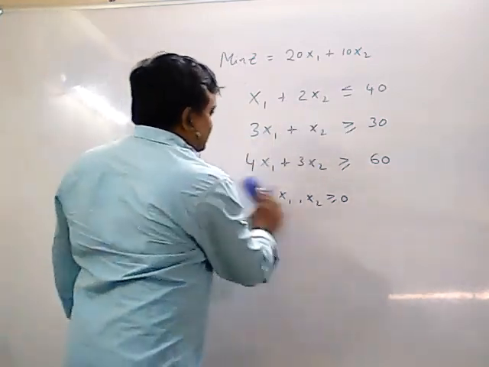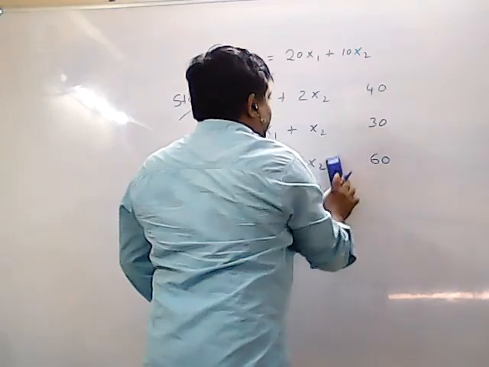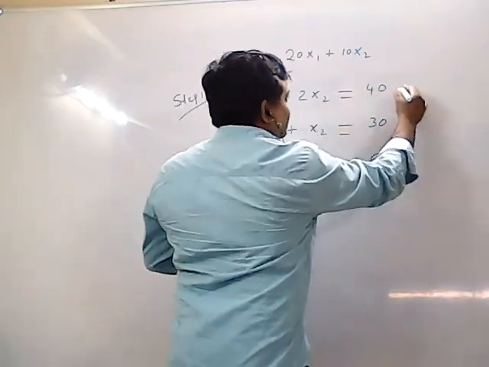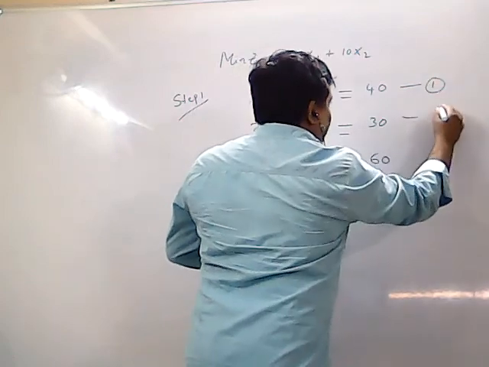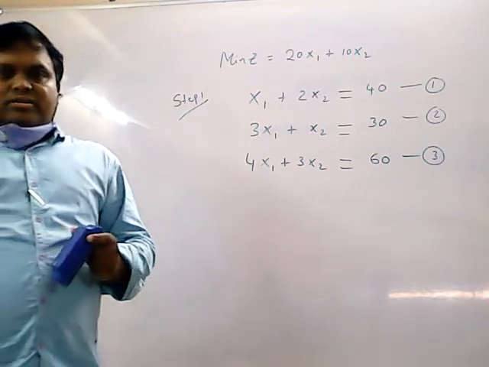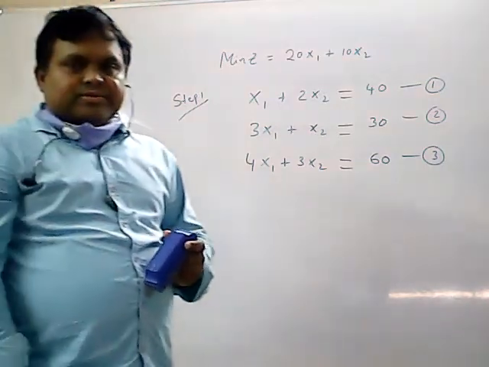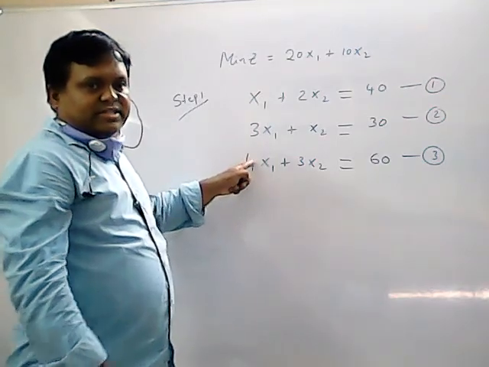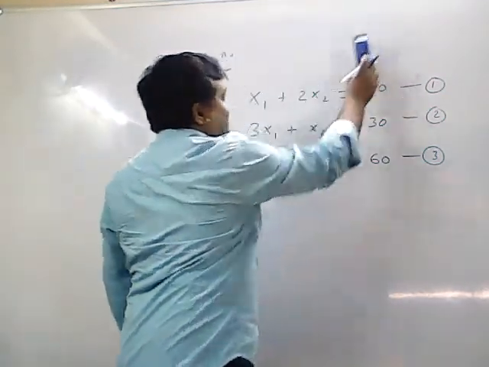So I am converting inequalities into equalities. How many equations will we get? 1, 2, 3, three equations. So step number 1 is complete.